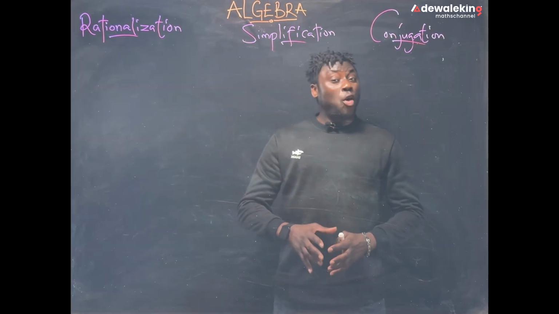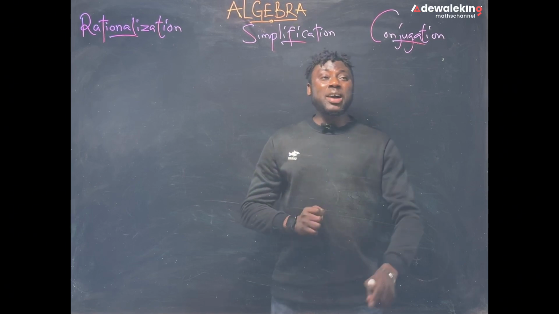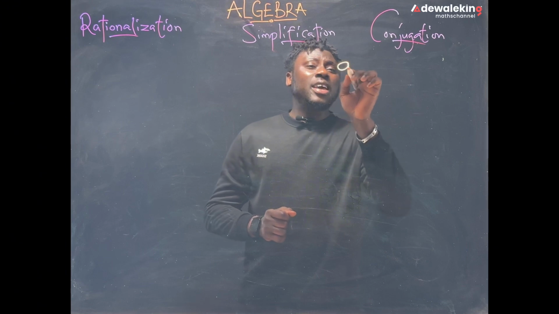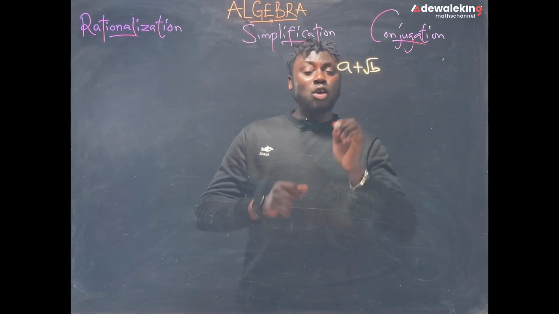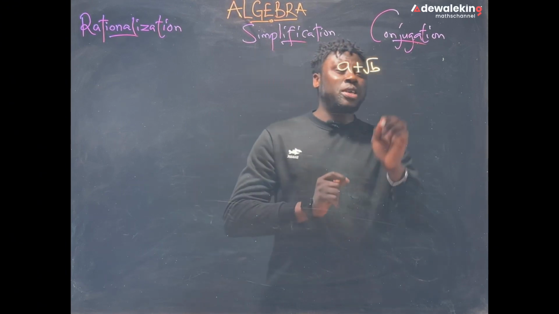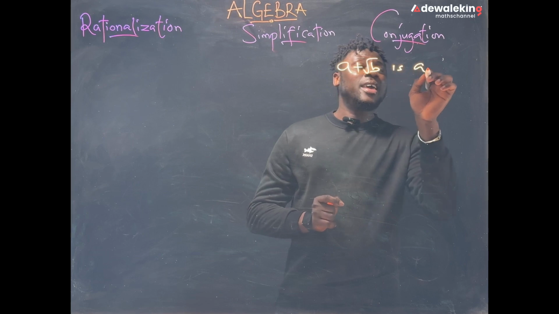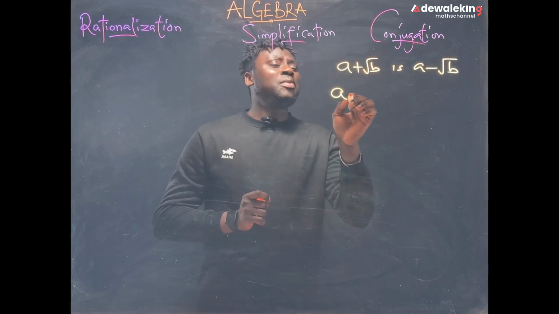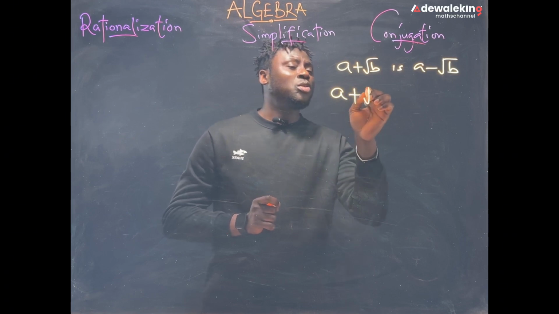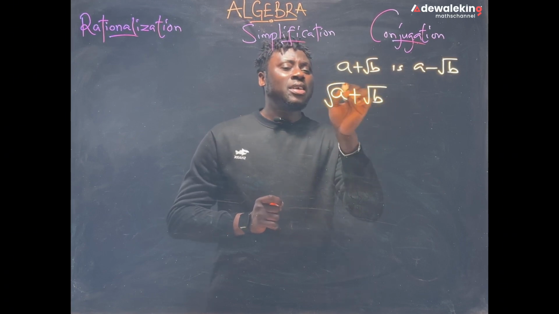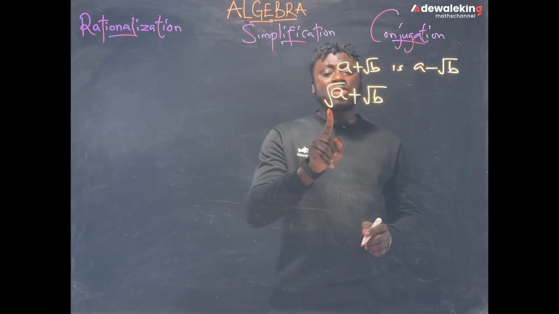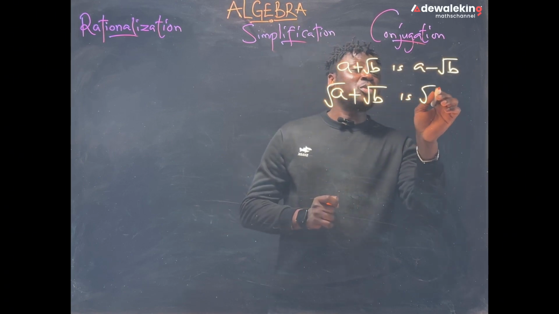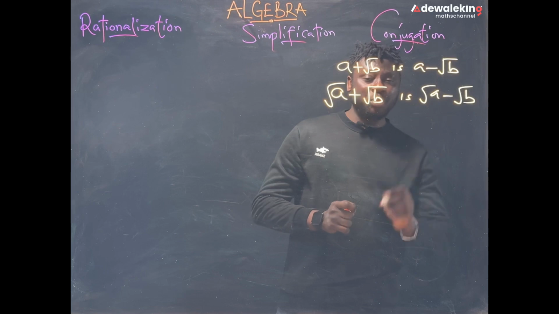Another way of presenting surds is by conjugation. For instance, if I say a plus root b, the conjugate of a plus root b is a minus root b. If we have root a plus root b, the conjugate will be root a minus root b.